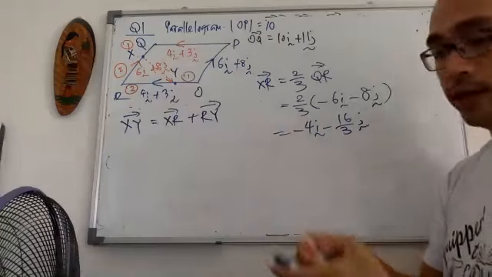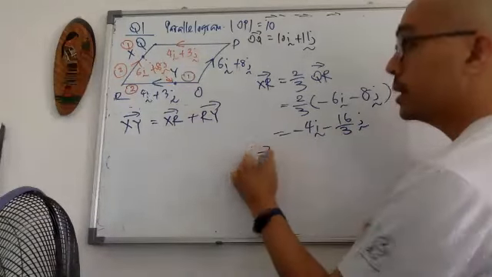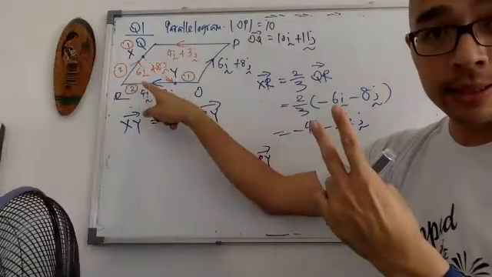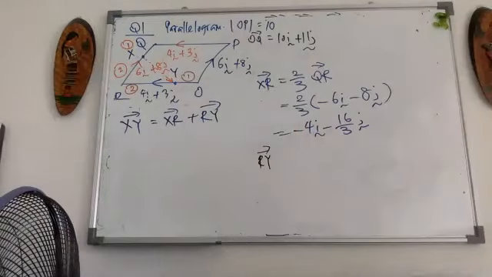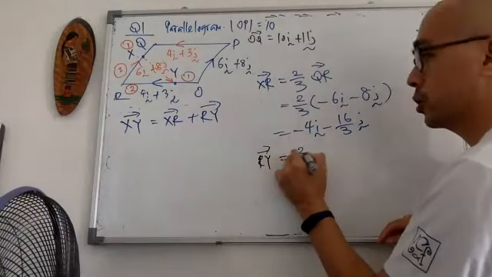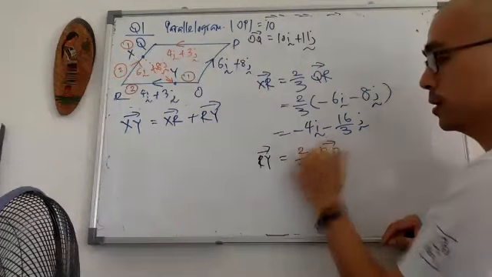Now we find RY. I'm going to change color. RY is 2 parts out of RO. So 2 over 2 plus 1, which is 3, of RO.